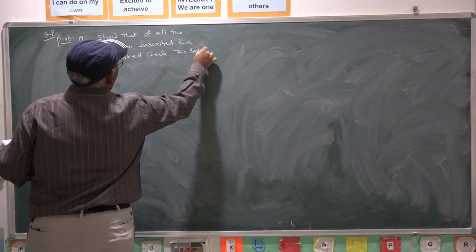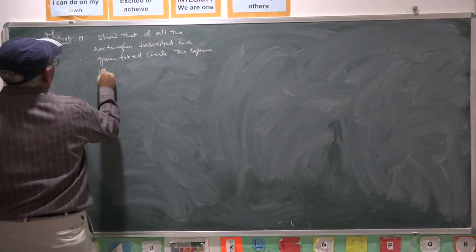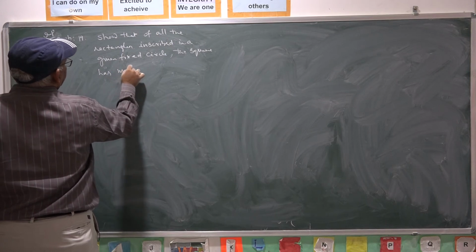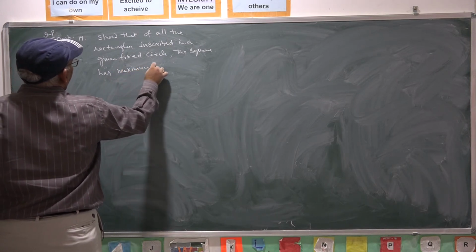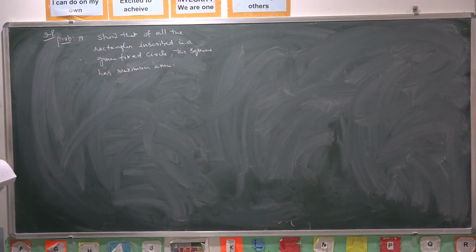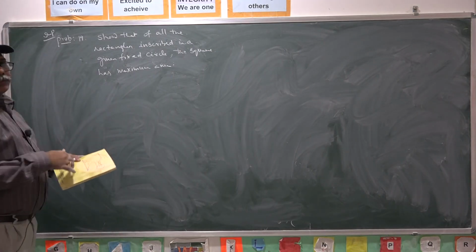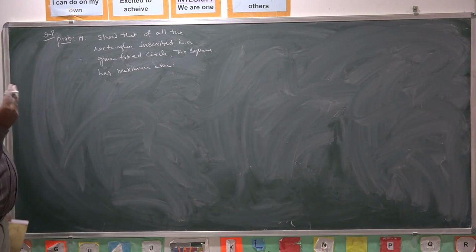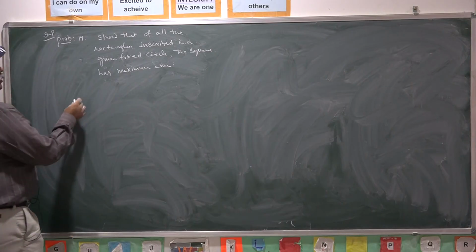The square has maximum area of all rectangles inscribed in a fixed circle. Square has maximum area.